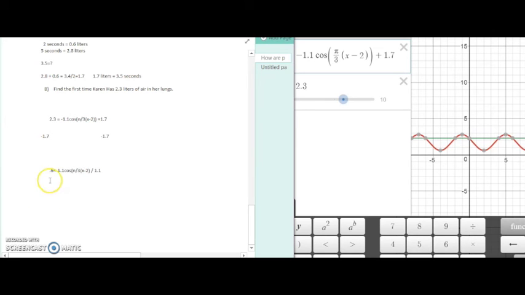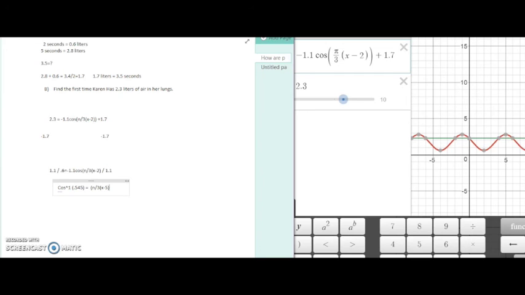Oh shoot, you divide 1.1 right here too, and you will get cosine of pi over 3 (x minus 2) equals 0.545.